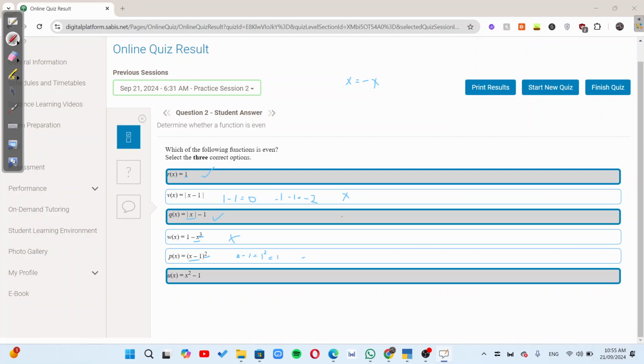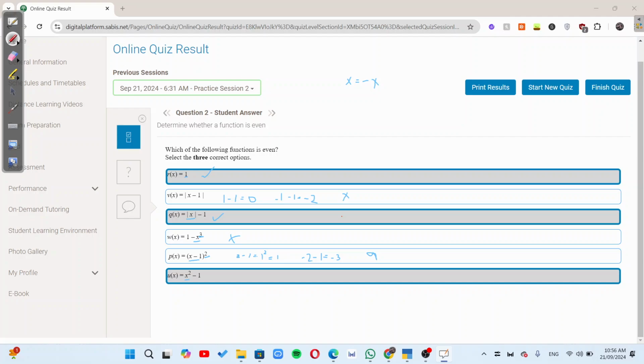But let's try negative 2 minus 1, which gives you negative 3, and when you square it, it gives you positive 9. Okay, it's positive, but is it the same as 1? No, so you can't choose it. If you're ever unsure about something, just put a number in its place and see if it works.